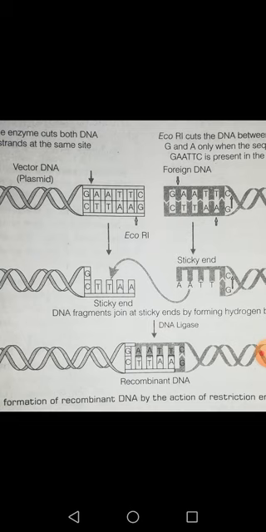We are using the same restriction enzyme to cut the vector as well as the foreign DNA, and we are going to join the fragments together. In this way we can introduce a gene of our interest into a vector, and finally this vector will be introduced into the host cell, and it will replicate and form the products of our interest. Is it clear?